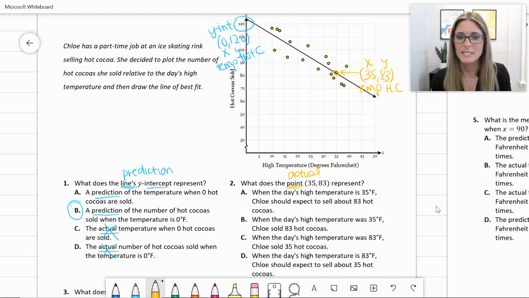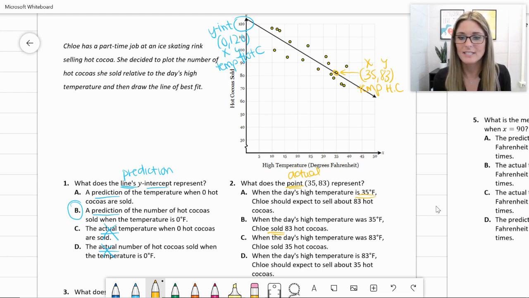So what does that represent? A, when the day's high temperature is 35 degrees, Chloe should expect to sell 83 hot cocoas. Okay, that is a possible answer. We do have 35 as our temperature. What about B? When the day's high temperature is 35 degrees, Chloe sold 83 hot cocoas. This actually occurred. I think that's a better answer. I'm going to keep B in mind.